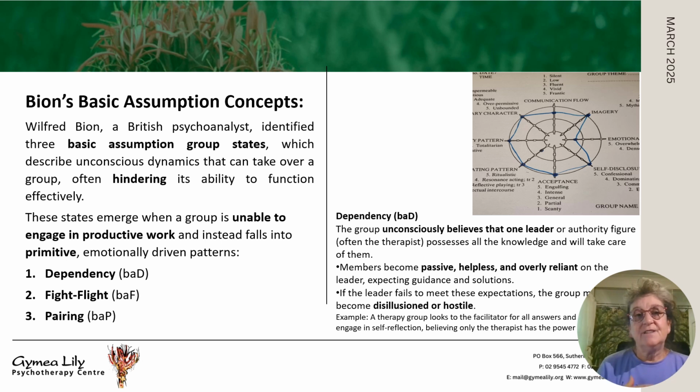If the leader fails to meet these expectations, which of course they will, the group may become disillusioned or hostile. An example of this would be a therapy group looking to the facilitator for all the answers and refusing to engage in self-reflection, believing only the therapist, the facilitator, has the power to help them.